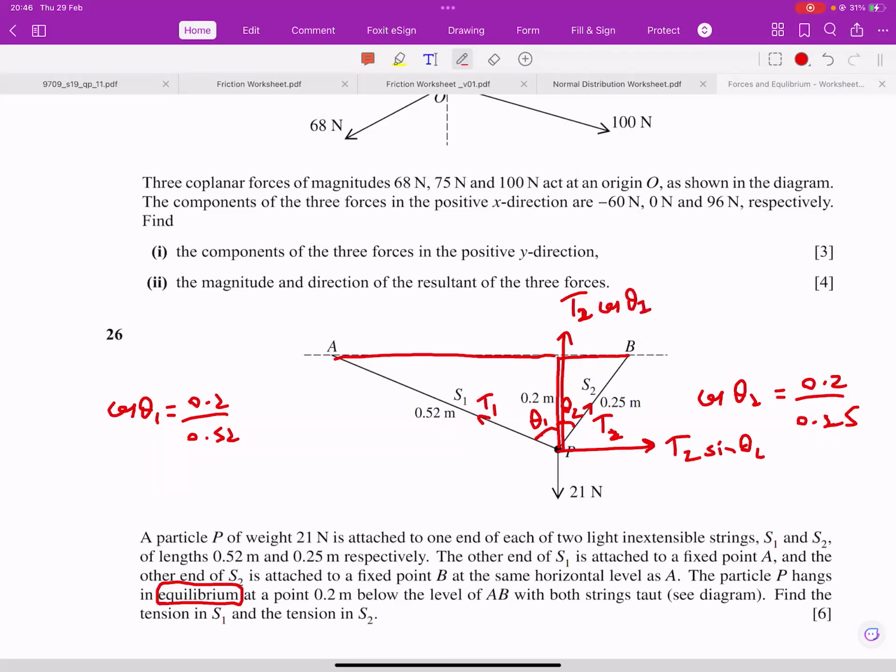And for T1, you would have T1 cos theta 1 here, and on this side, you would have T1 sine theta 1. Just equate the opposite forces. You have two equations, solve them simultaneously, and you should be able to find the values of T1 and T2. Or use Lami's theorem. That will be even quicker, in 2 steps. You can do that as well.